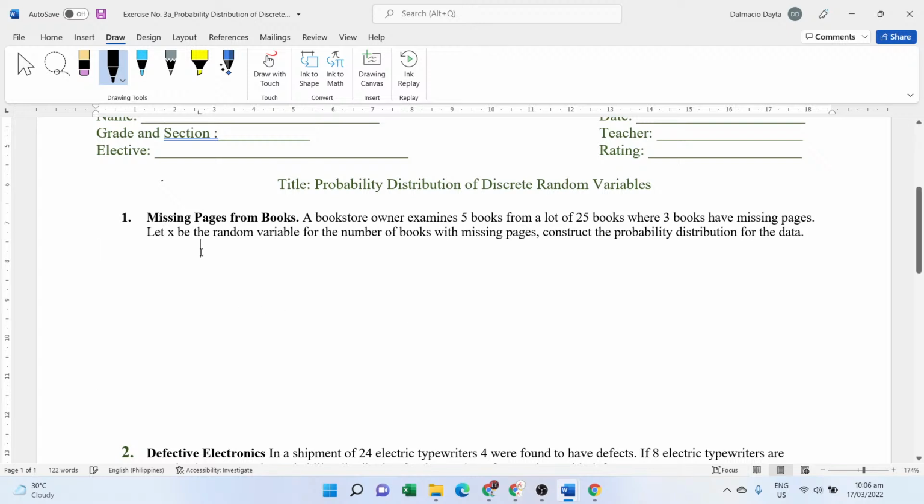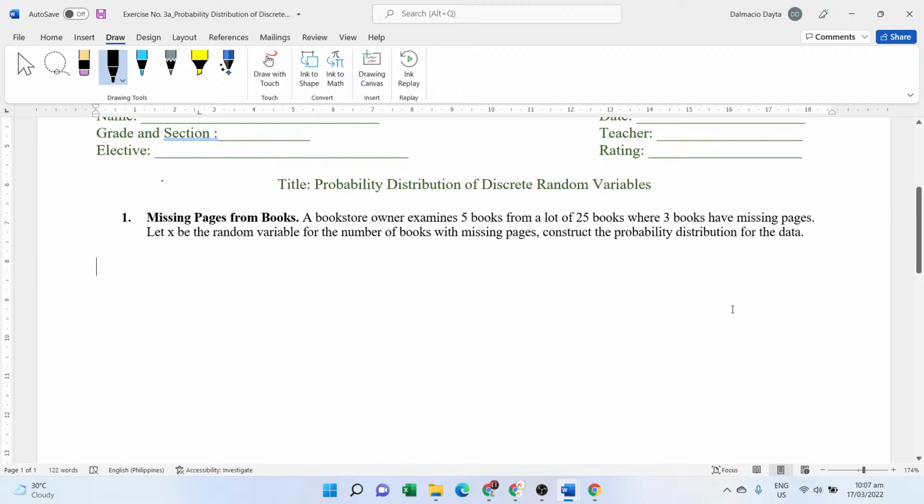Thank you. Okay. So just like in the discussion on the video lesson on this, we have 2 types of objects here. What are the 2 types of objects? Books with missing pages, and of course, books without missing pages. Okay? So in here, n is equal to 25. We have a lot of 25 books.